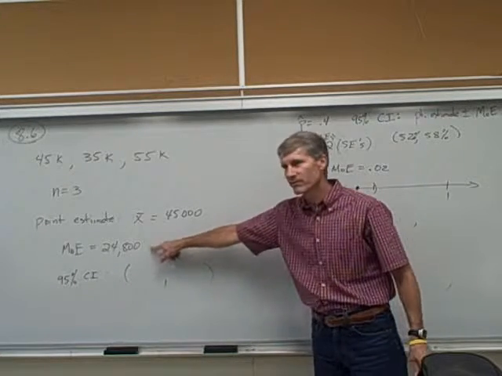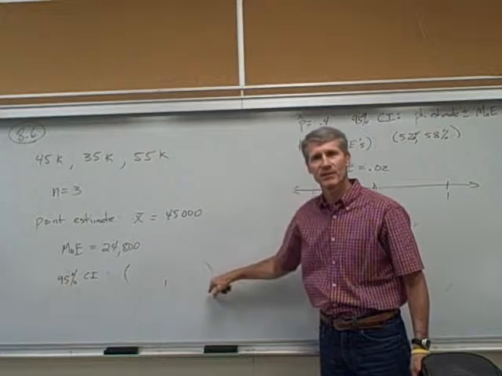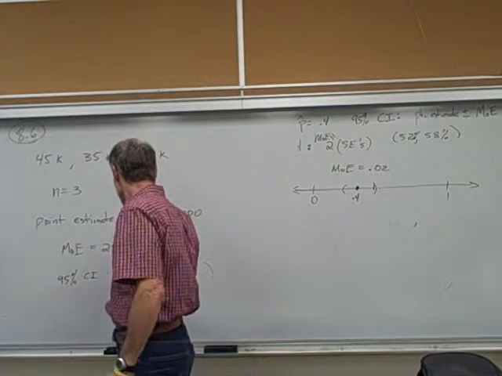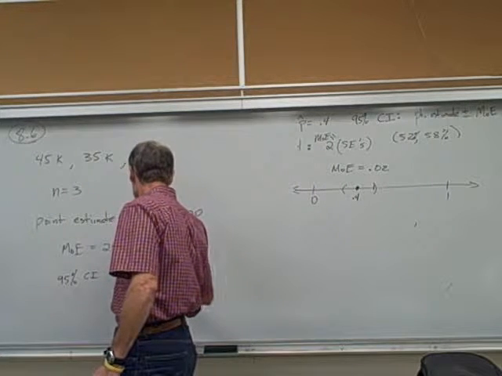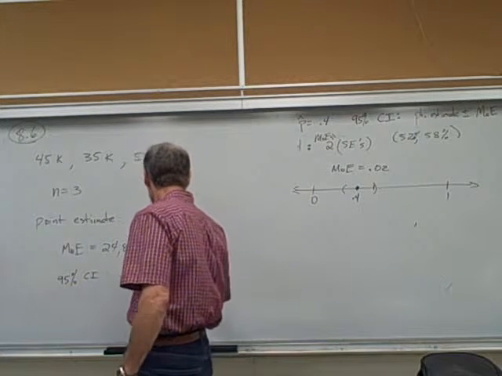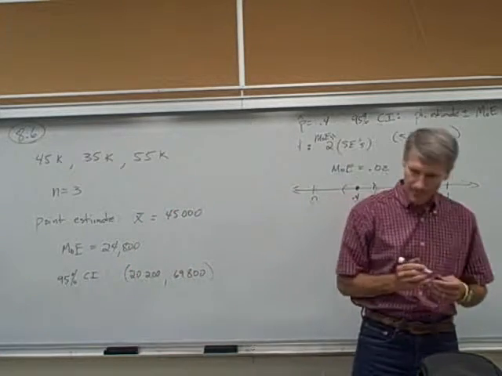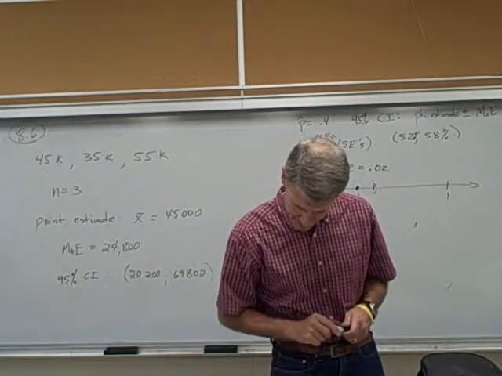And then I add 24,800 and I get the upper bound. Right? So do those for me on your calculator real quick. 20,200 and 69,800. There's the confidence interval. Okay?